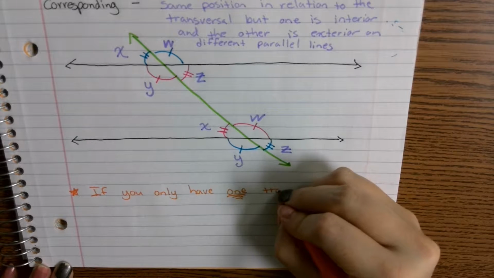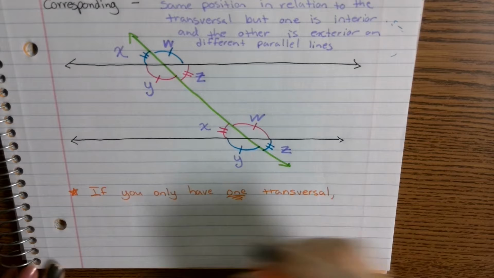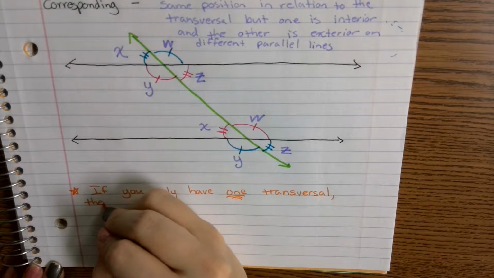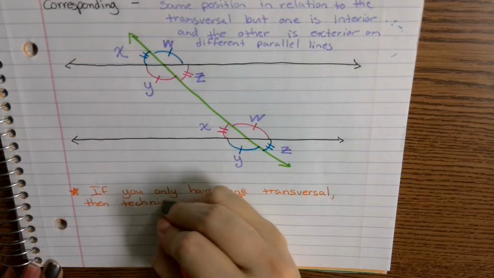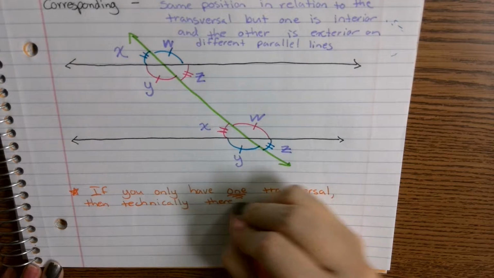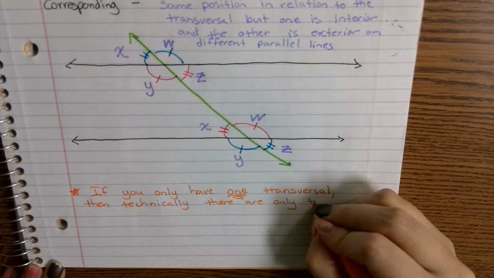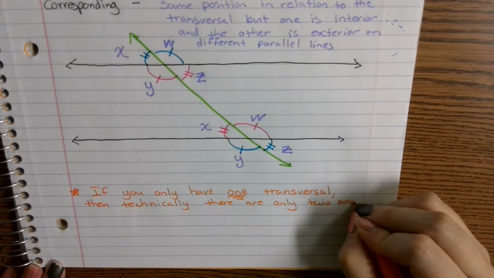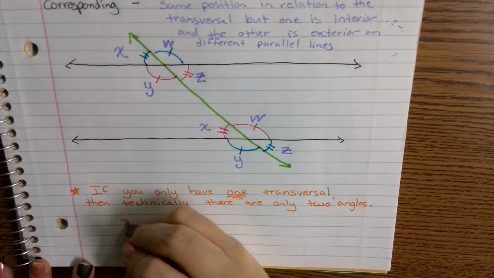If you have one transversal, then technically there are only 2 angles.